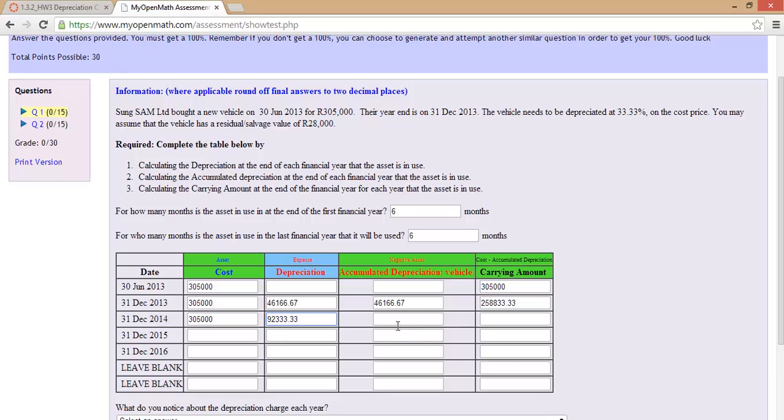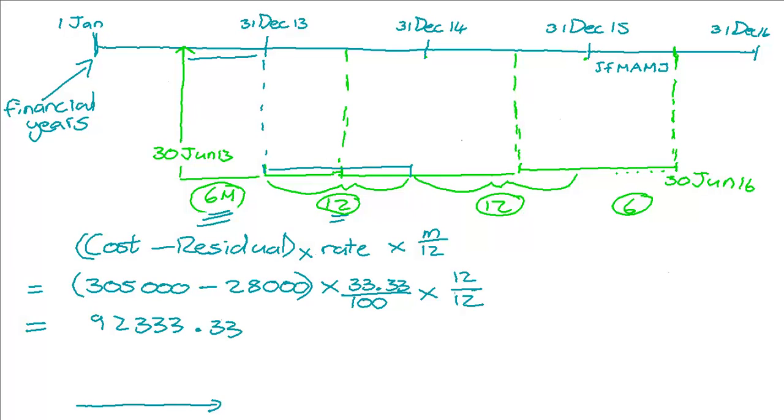My accumulated depreciation is then going to be the sum of all the usage up till 31st of December 2014. So if we go back to your timeline, we can just indicate this here. This first part here, the 6 months, the usage amounted to roughly 46,000 Rand.